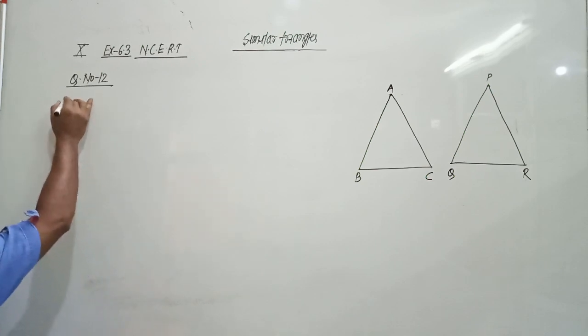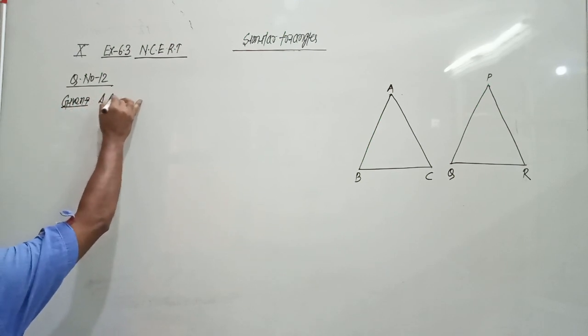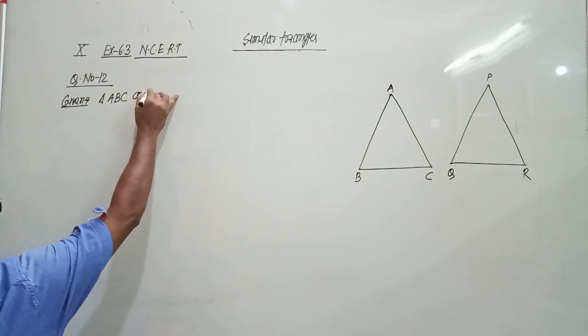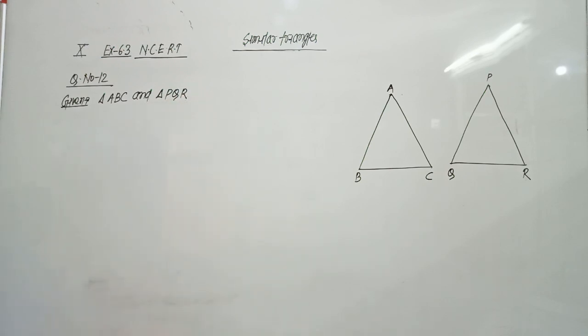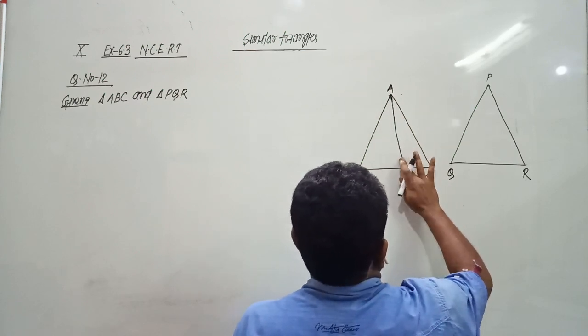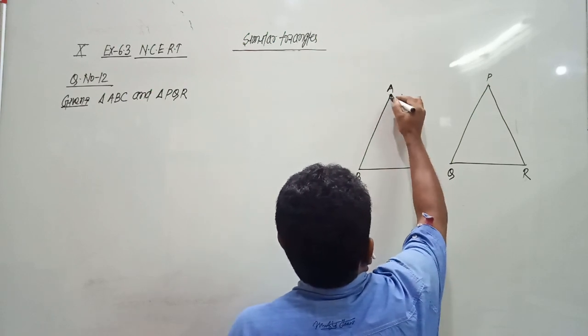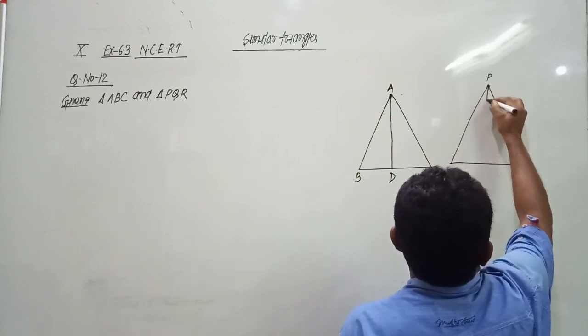So given triangle ABC and triangle PQR, in which AD and PM are the medians.